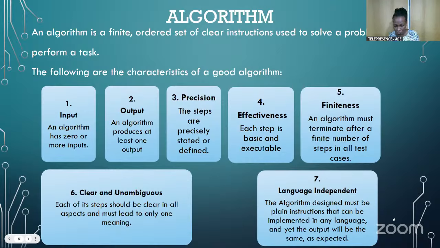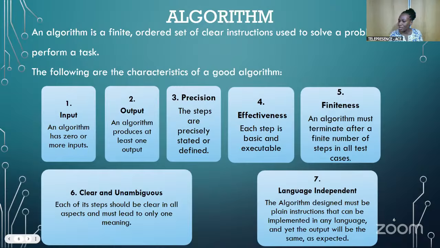Now, your algorithm also must be language independent. Your algorithm must be able to be executed or implemented by any programming language. Not that maybe your algorithm is strict or confined to a particular programming language.